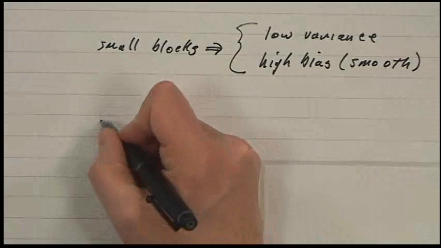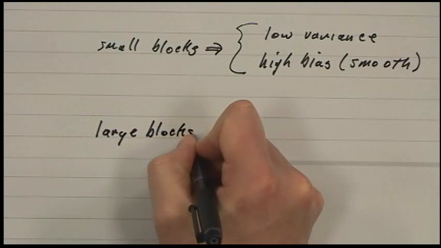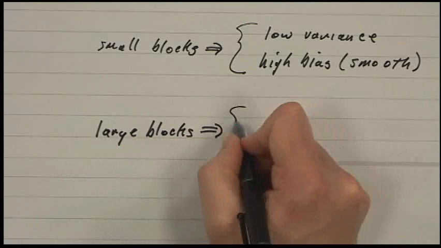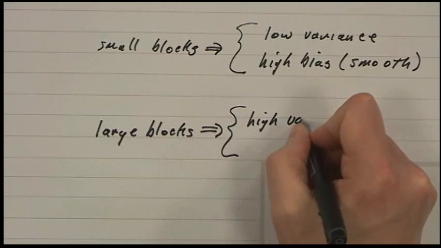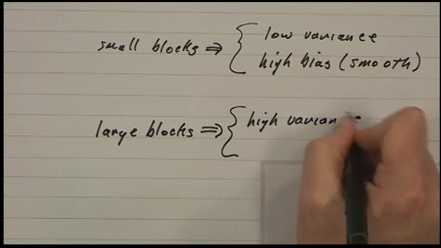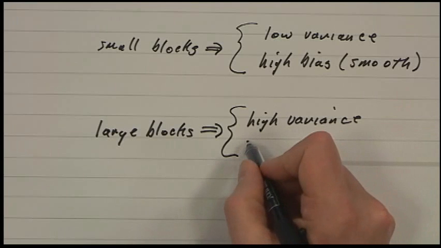And then large blocks, this is high variance, and this is low bias.